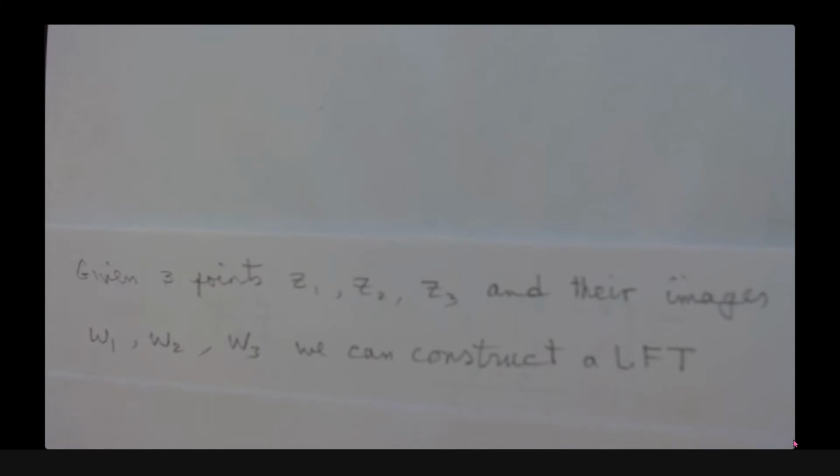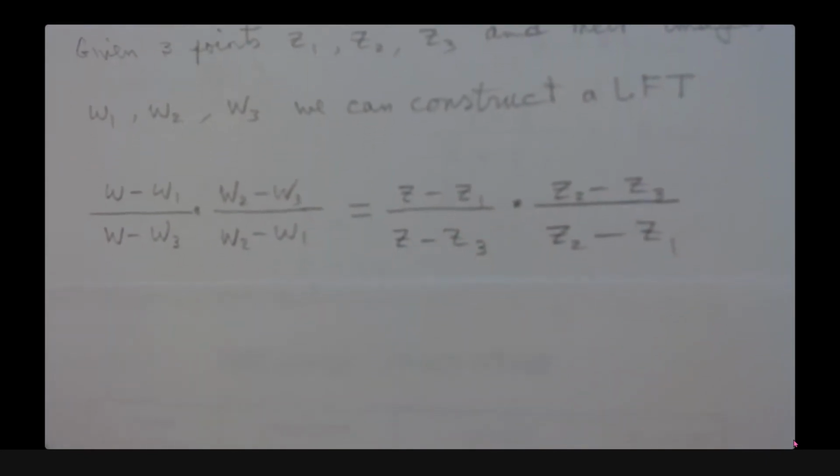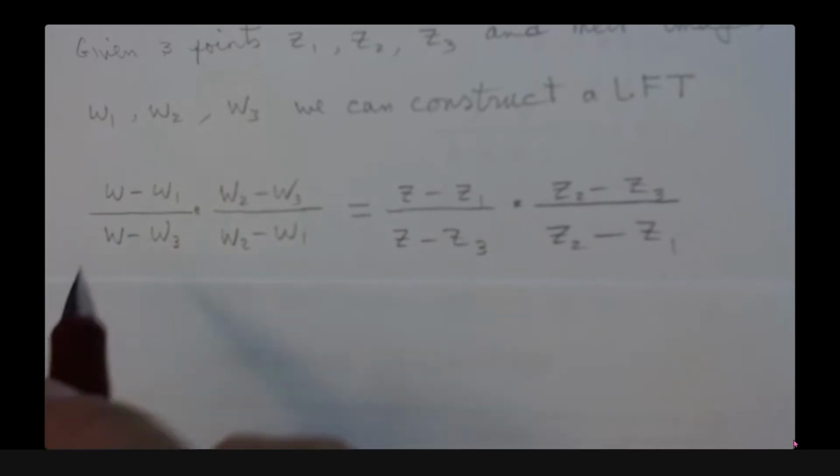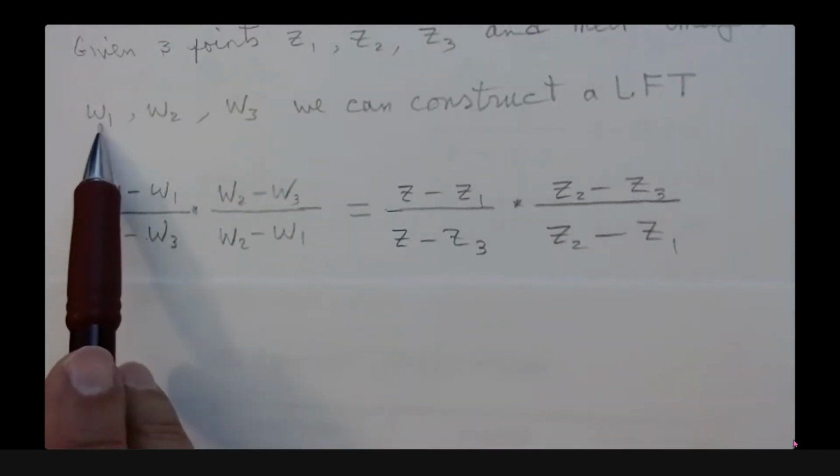So, given 3 points, inputs, and their images, we should be able to construct that linear fractional transformation. Now, here is a formula for that one. W1, W2, W3 are the images.